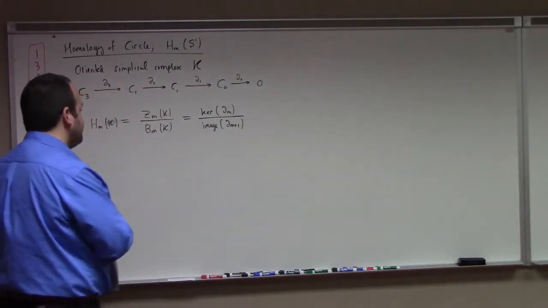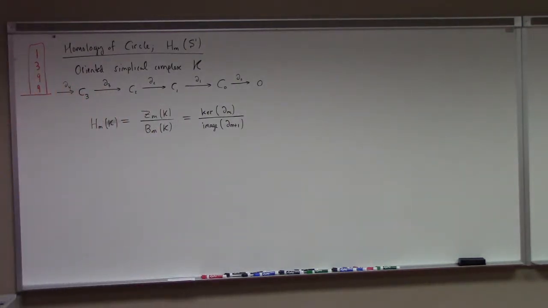All right. So going back to the definition of cycle and boundary from last time, an m chain is a cycle if it's in the kernel of the mth boundary map, and a boundary is a boundary if it's in the image of the m plus 1th one.